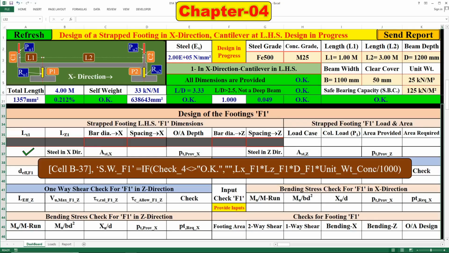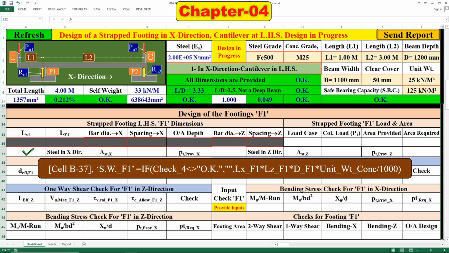This division of 1000 is to convert the overall depth from millimeter to meter, and unit_WT_conc is the unit weight of concrete in kilonewton per meter cube.